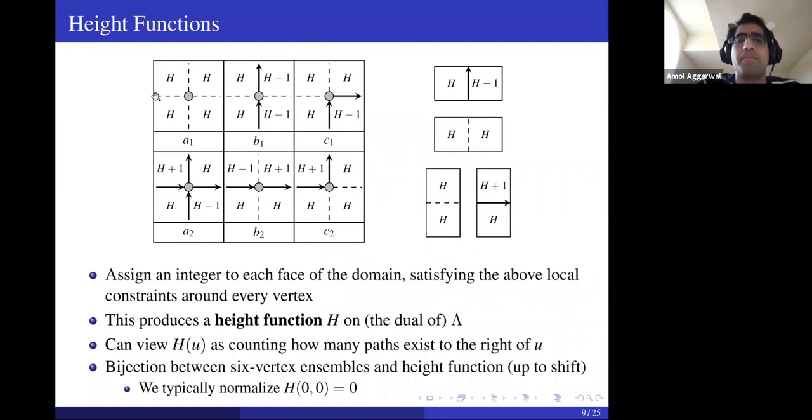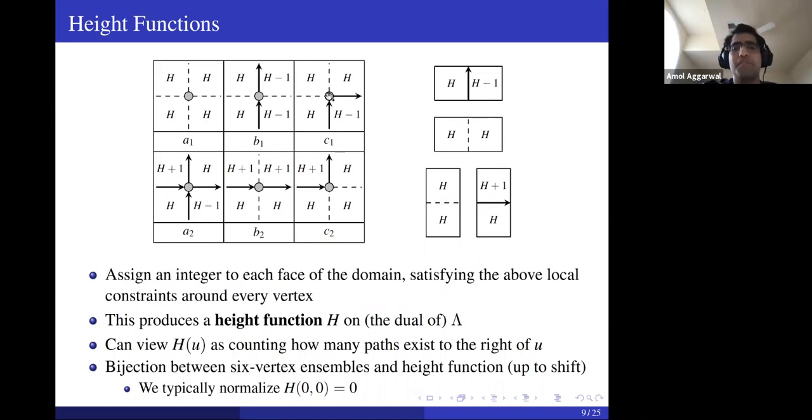So for example, if I have an empty arrow configuration, then the three other faces surrounding the vertex simply copy h. But if I have this vertical arrow configuration, then the face above h has height function h, but to the right of h, it has height function h minus 1, and above that it has height function h minus 1 as well. And I've kind of gone around.